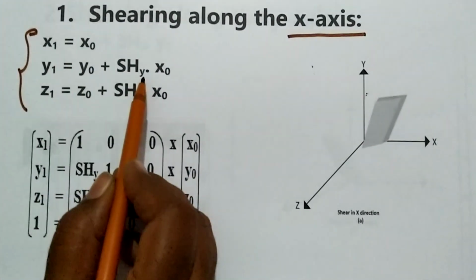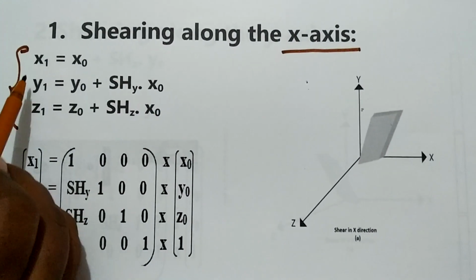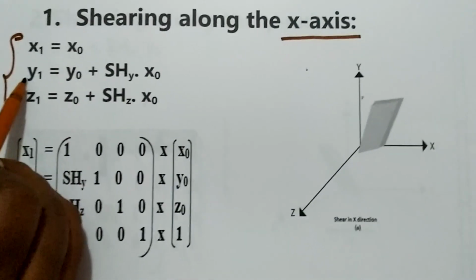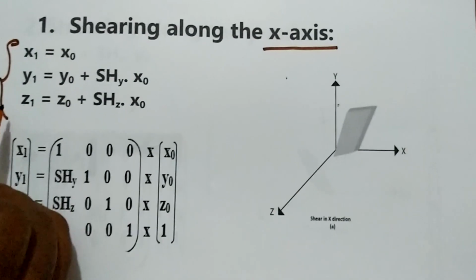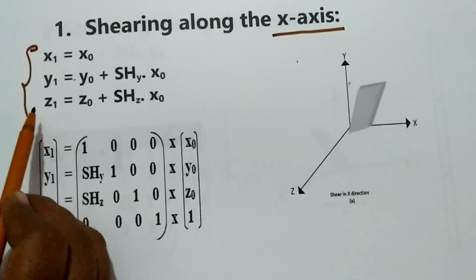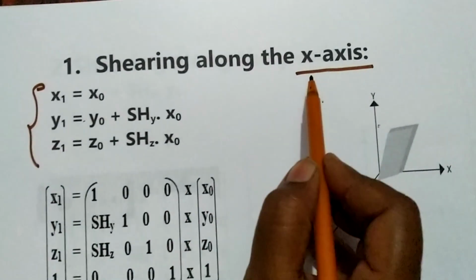By multiplying shy and shz, we will get the new coordinates of the object, called x1, y1 and z1, after the shearing technique. Using this equation, you can perform the shearing technique along the x-axis.